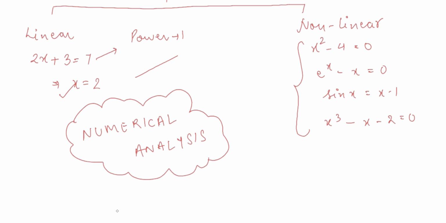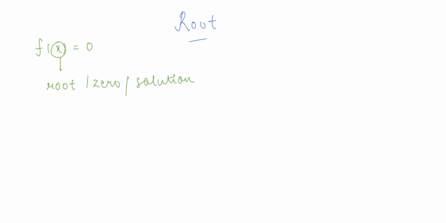Now the question arises, what does a root actually mean? A value of x that satisfies f of x equals 0 is called a root, a zero, or a solution of the equation. For example, if I write x squared minus 9 equals 0, I get the factors x minus 3 and x plus 3 equals 0.